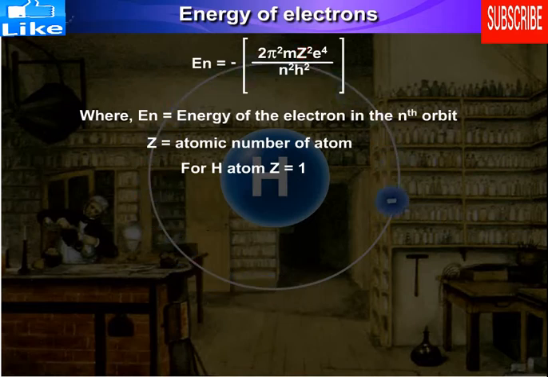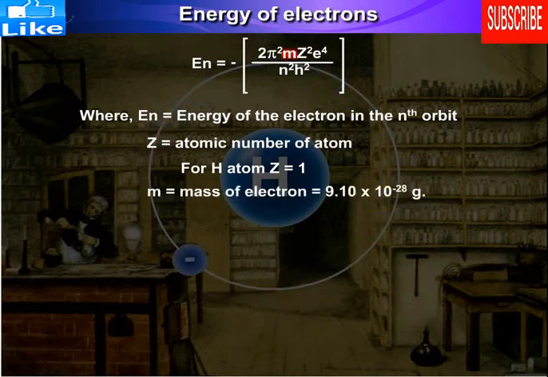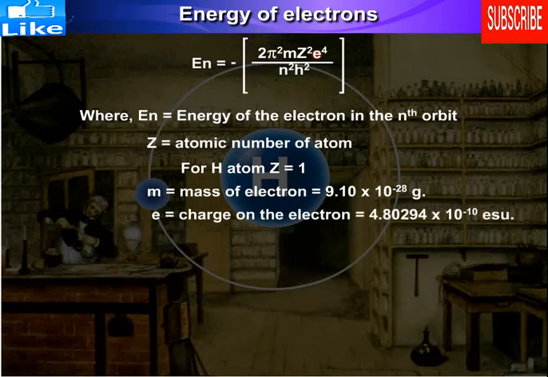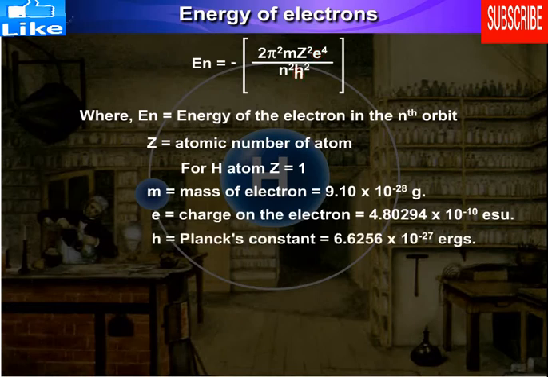For hydrogen atom, Z equals 1. m equals mass of electron equals 9.10 multiplied by 10 raised to minus 28 grams. e equals charge on the electron equals 4.8 into 10 raised to minus 10 ESU. h equals Planck's constant equals 6.6256 into 10 raised to minus 27 erg second.